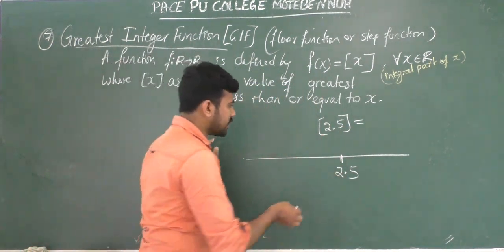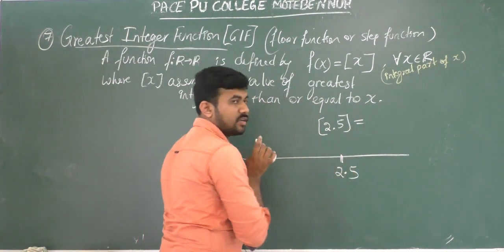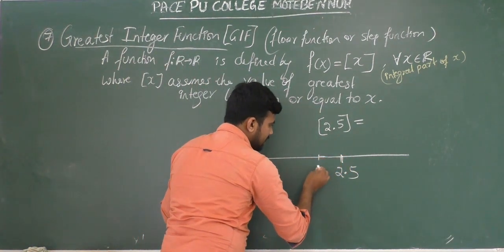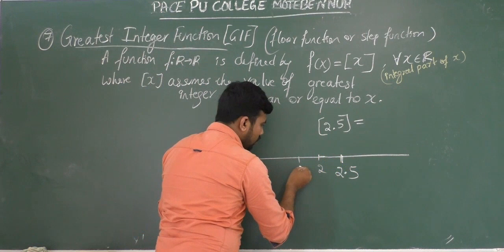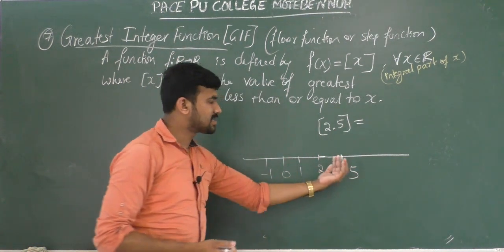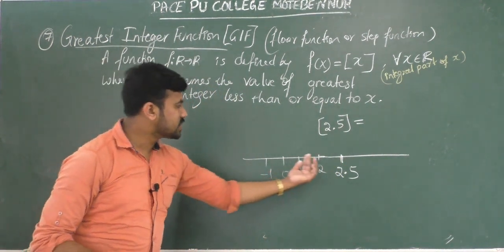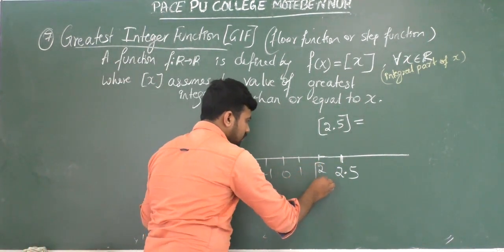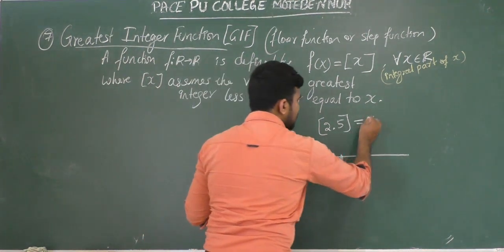Is this number an integer? No. So come back, going to the preceding side, which numbers do we get? 2, 1, these integers. These are the integers which are less than 2.5. Among those, the greatest integer is 2. So its value is nothing but 2 here.